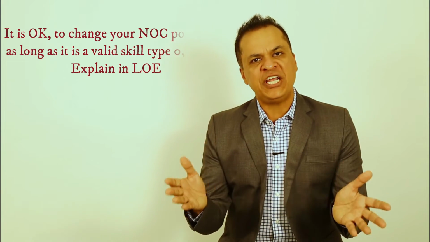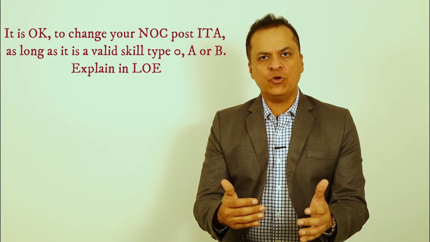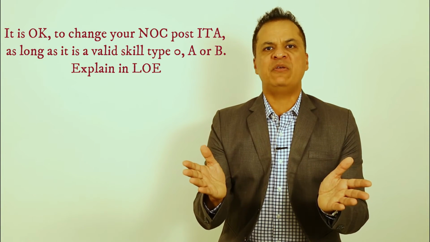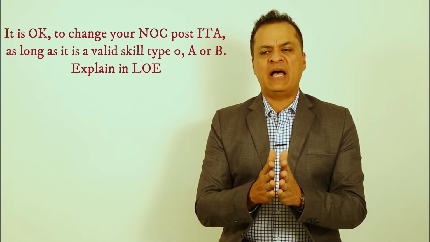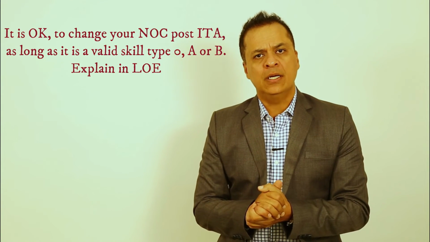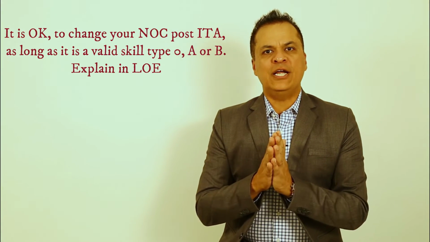Go ahead and change it. It's not a problem. Make sure you explain it in your letter of explanation. Please be very clear. Say that you have realized that 0111 is a better match and that you have gone ahead and changed it, and that's fine.